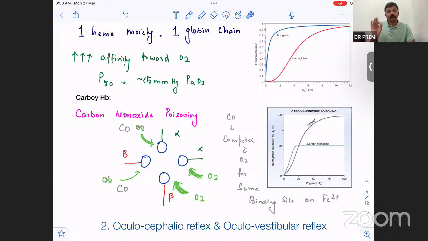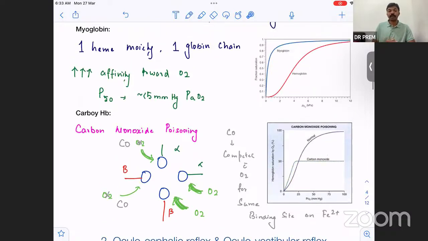You are looking at an oxygen hemoglobin dissociation curve, doctors. Please remember. So in carbon monoxide poisoning, only 50% of hemoglobin is saturated with oxygen. And even in that case, the 50% of hemoglobin, if you see, has got very high increased affinity. That is all. All right, people.